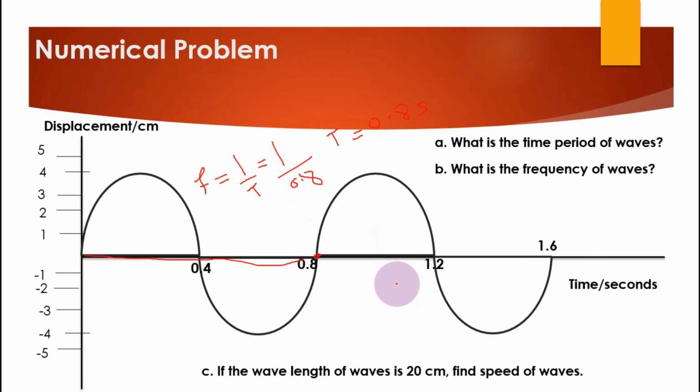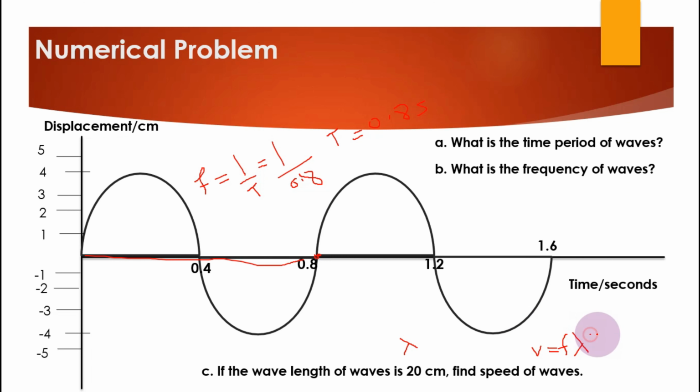If the wavelength of the wave is 20 centimeter, if the wavelength is given, we need to find out the speed of the wave, and we know that speed v is equal to f into lambda. So f is here, which is 1 over 0.8.